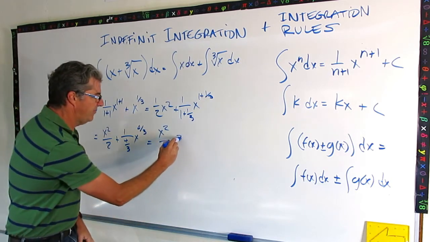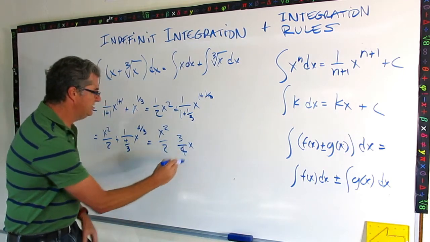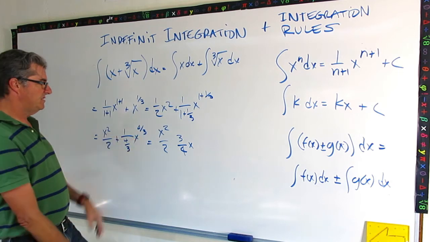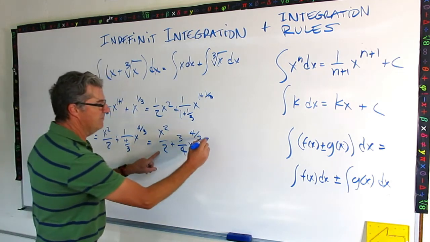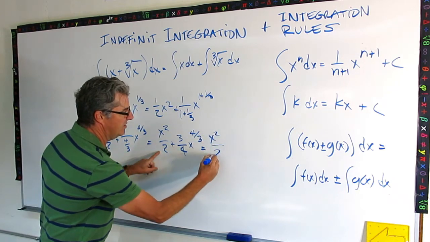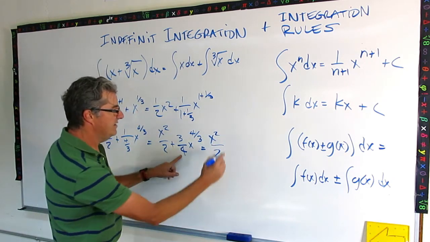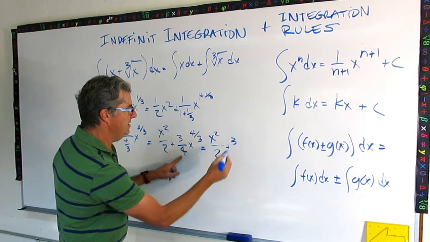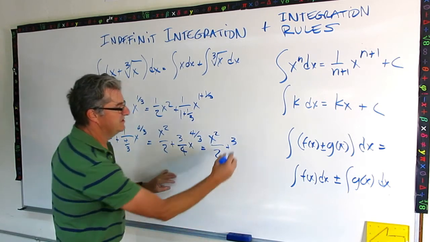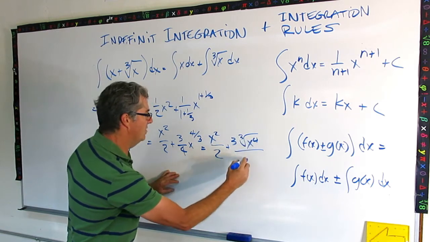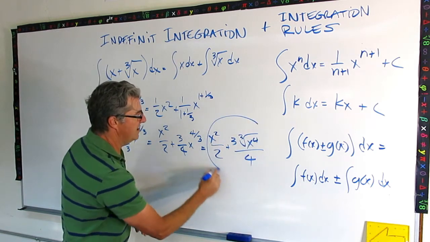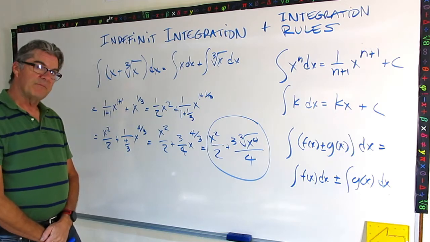So this is going to become 3/4 x to the 4/3, actually let's just leave that there and do one more step. Bring my x squared over 2 over here. Now I have, on the top, a 3. Now x to the 4/3 is the same as the 3rd root of x to the 4th, and this would be over 4. So there you go. That's the answer to that problem.